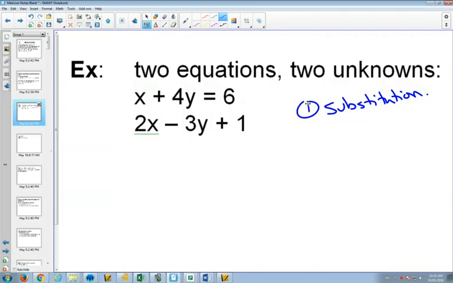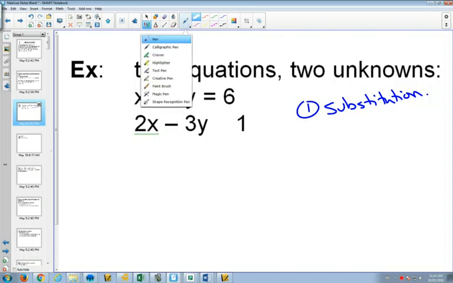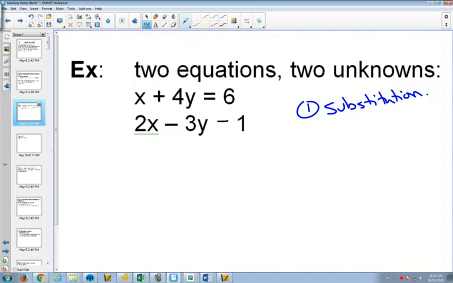Looking at those two equations, the fact that there's no equal sign, did I fix that on yours? No. All right, let's switch that in there. That is supposed to be an equal sign. Otherwise, this made no sense whatsoever because it wasn't two equations.